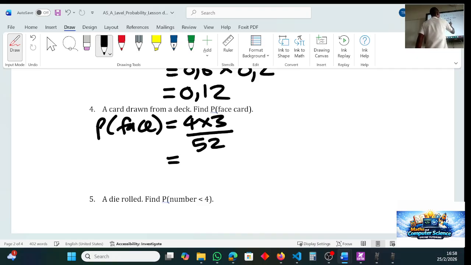When we simplify, we get 3 out of 13. So our final answer is 3 out of 13.